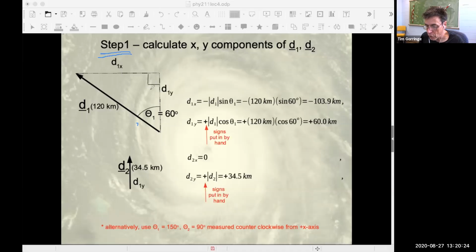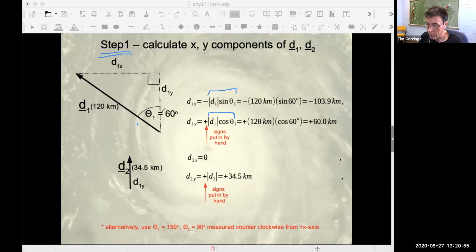And then I looked at that diagram and I said that the x component, which for this angle here is opposite the angle, is going to be obtained by taking the sine of the angle. This is a little bit of trigonometry here. And the vertical component, the y component, which is adjacent to the angle, we're going to get that by taking the cosine.